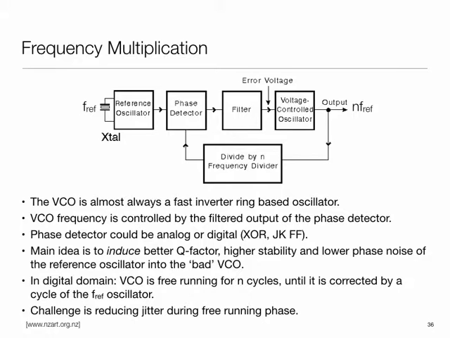What we then do is we take the output of this voltage controlled oscillator, and we need n times f_ref, so we divide it by n, and we know how to do division, as we saw. So if this was operating correctly, then the output of the divider would be a clock whose frequency should match that of my reference oscillator.